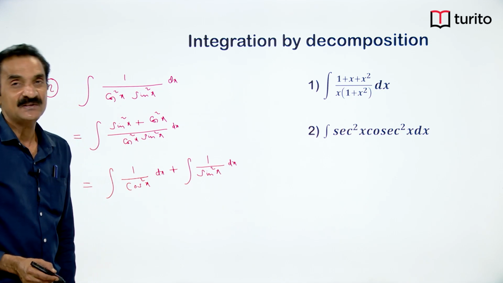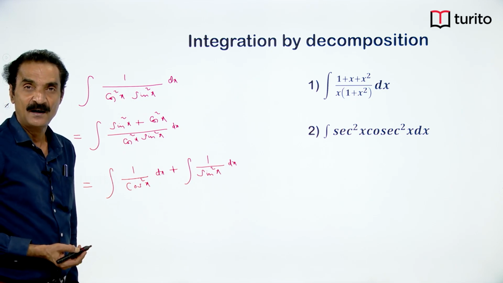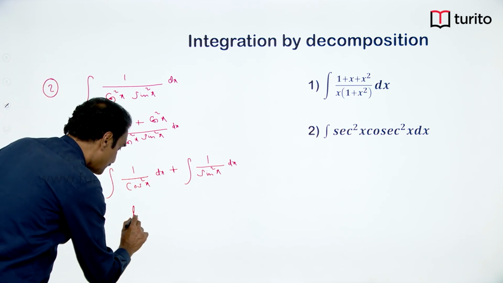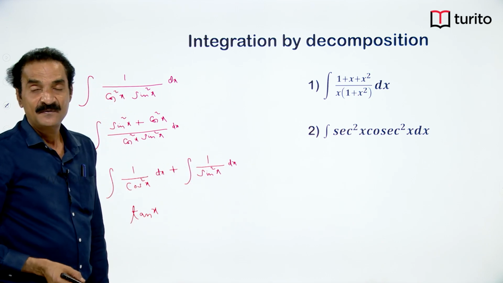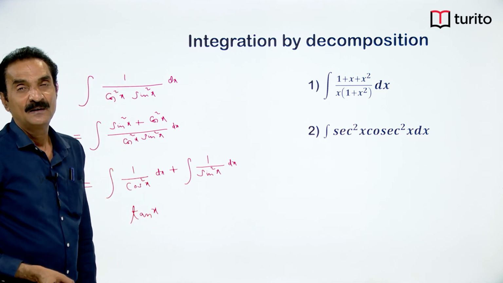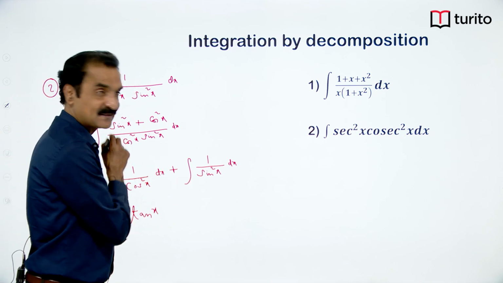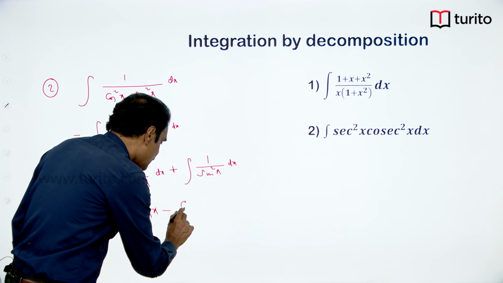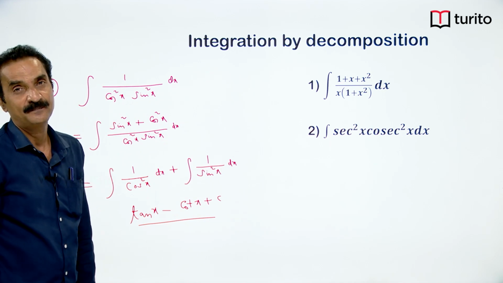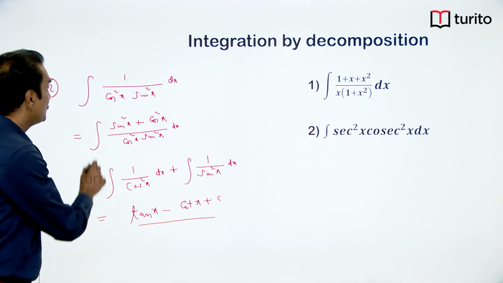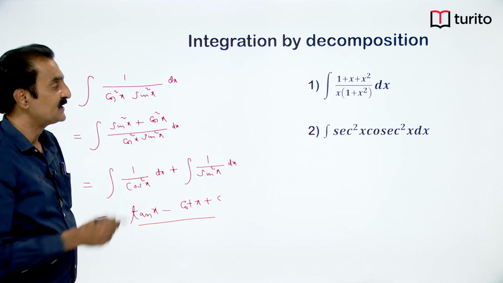It is secant square x. What is the integral of secant square x? Formula, it is tan x. And this is 1 by sin square x, which is cosecant square x. What is the integral of cosecant square x? Minus cot x. We can substitute because it is plus. So, tan x minus cot x, we write only one constant plus c. So, this is the integral of 1 by cos square x into sin square x or secant square x into cosecant square x.